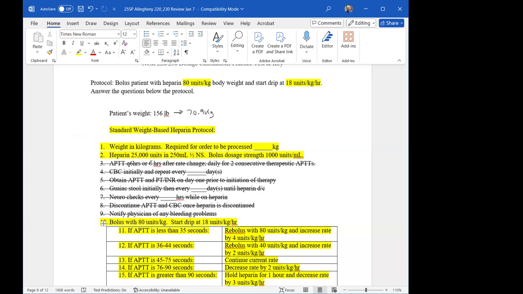They might be put on some other anticoagulant like Coumadin or warfarin or something along those lines, but hopefully they're not going to be on heparin for a long period of time. I don't know what the time frame would be, but I imagine just the duration of their hospital stay after a particular rehab or whatever they're there for. Sorry, I know that was a long-winded answer for your question.